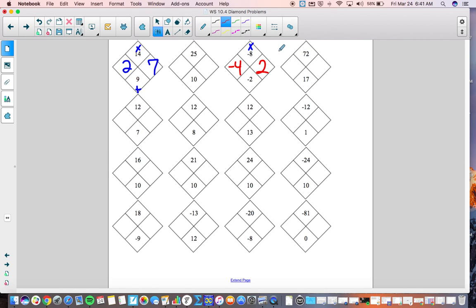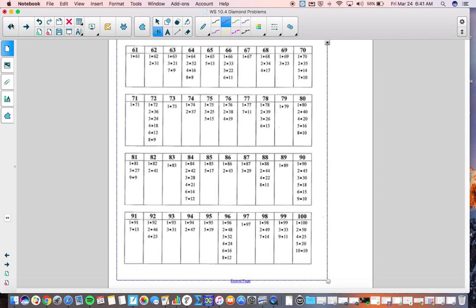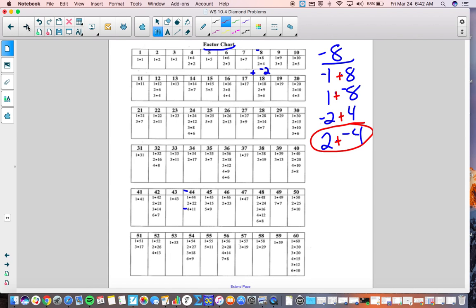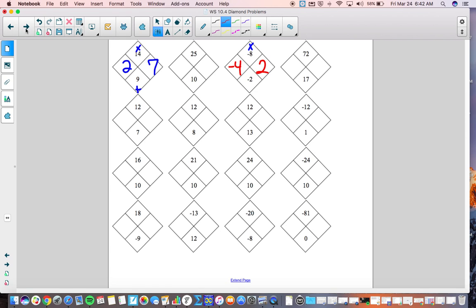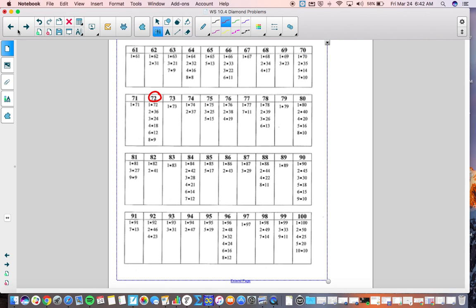Let's try 72. If you look at 72, there's a lot of ways to multiply to that. There's a lot of factors of 72. And we're trying to add to 17. Now, because that's a positive 17 and that's a positive 72, since it's a positive 72 that we're multiplying to, either both sets of factors are positive or both are negative.